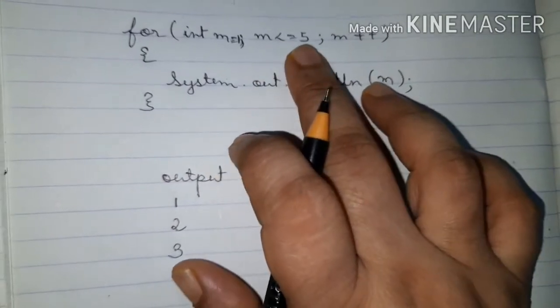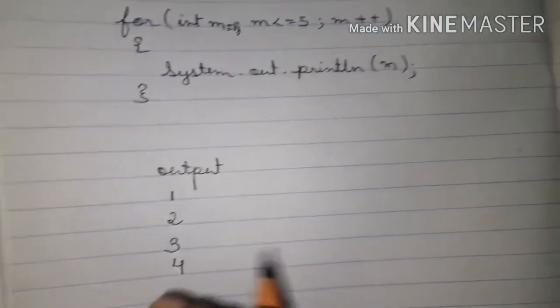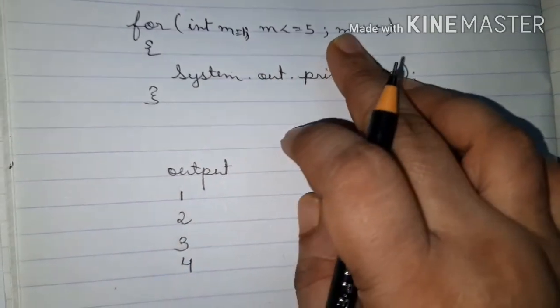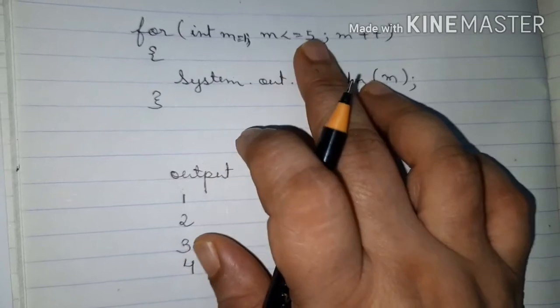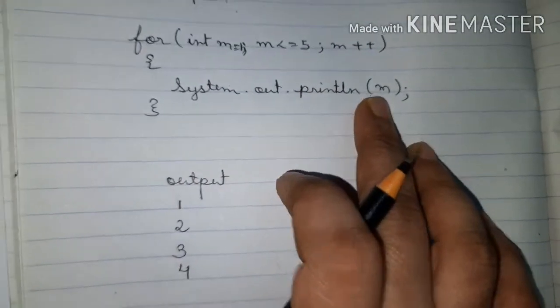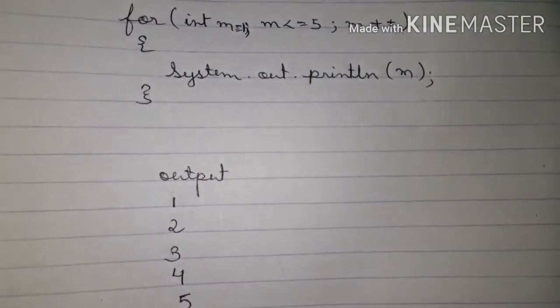So 4, condition true. So it will enter here and display 4. Again the m is going to increase by 1, that is 5. So m value is 5, 5 is equal to 5. So it will enter again and it will display 5.